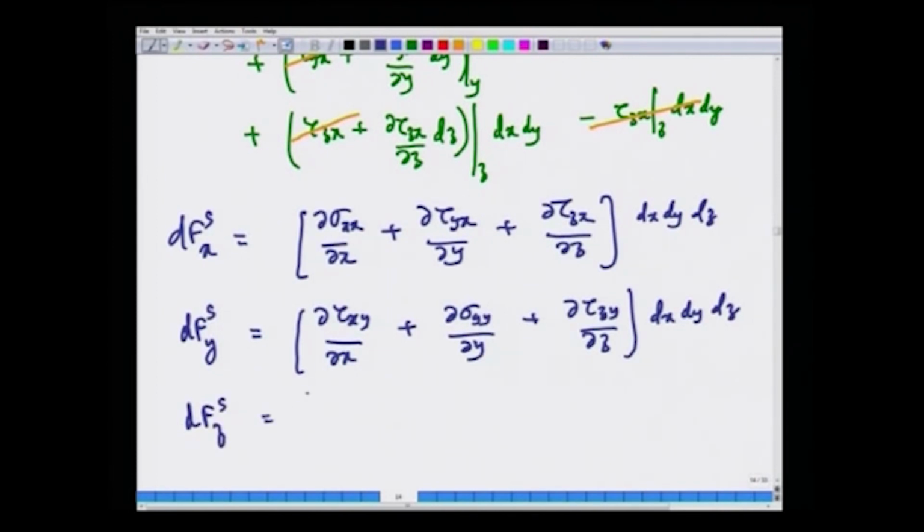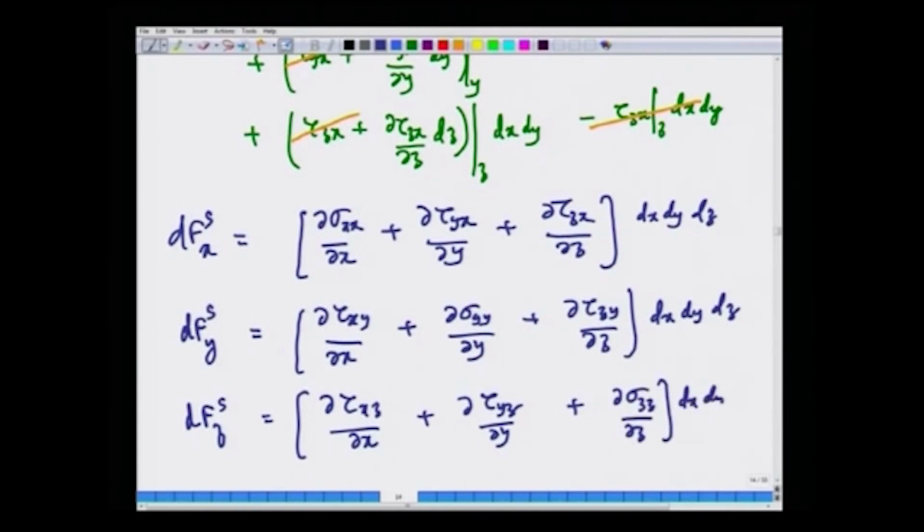And dF_s,z, likewise, you can write as d tau_xz by dx plus d tau_yz by dy plus d sigma_zz by dz, because of the normal stress, times dx dy dz.